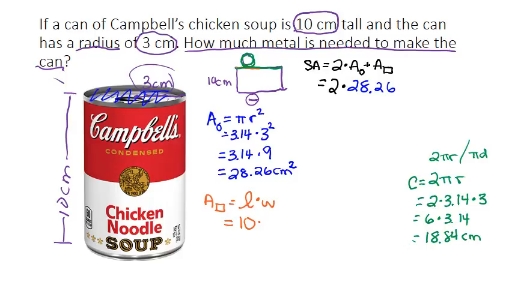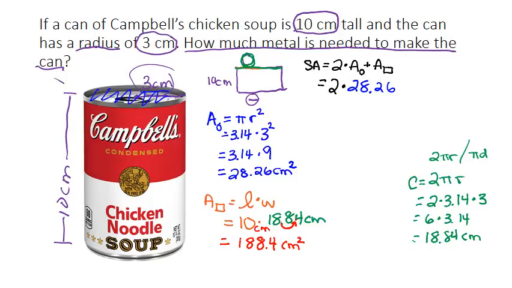So now I know the width of my rectangle is 18.84 centimeters. I'm going to multiply those together, and because I'm multiplying by 10, I can just move my decimal over one spot, and I'll get 188.4 centimeters squared, because it's the area.